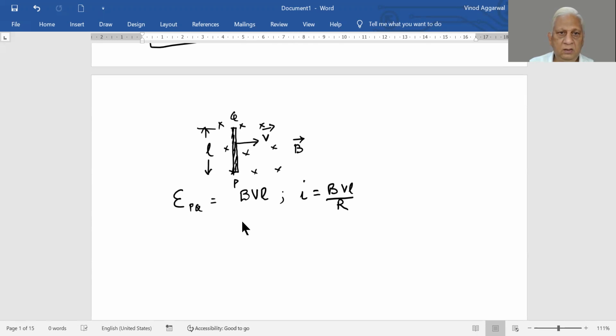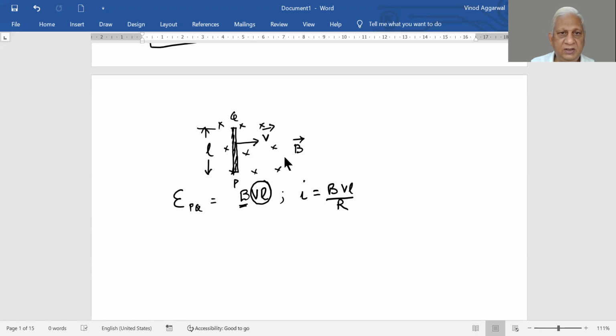B is constant. When we are moving this conductor in this field in this direction, this conductor is sweeping some area. Sweeping some area meaning it is crossing across the flux.